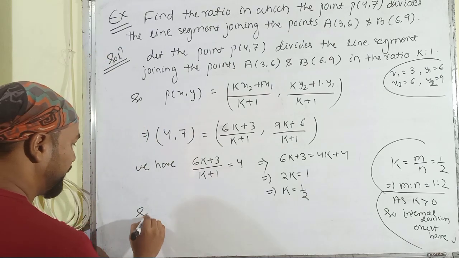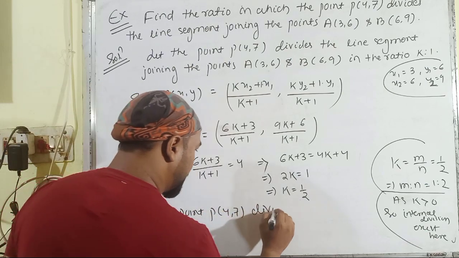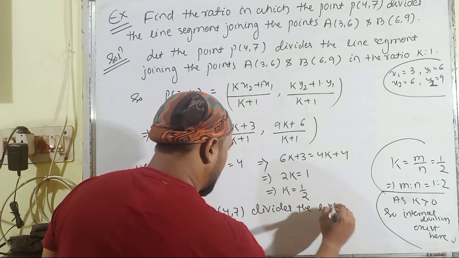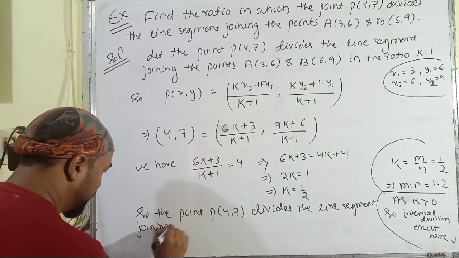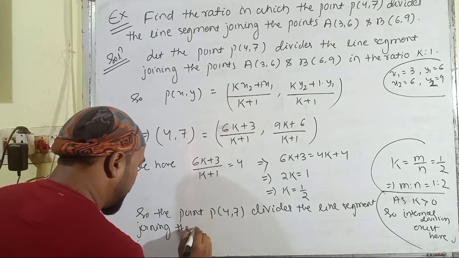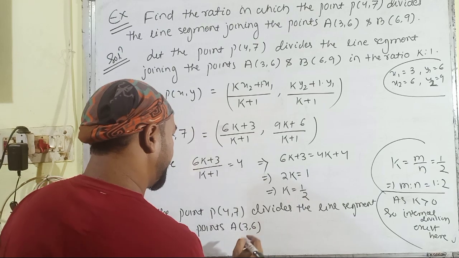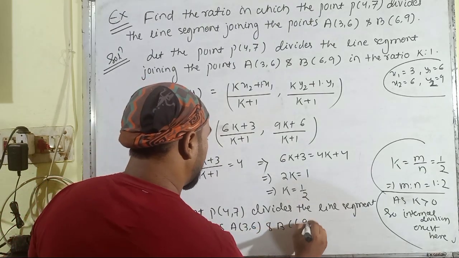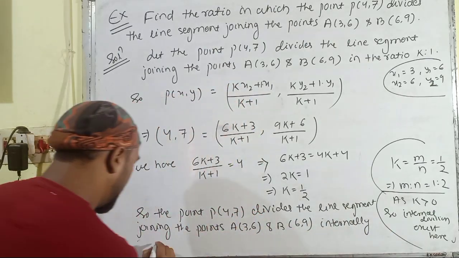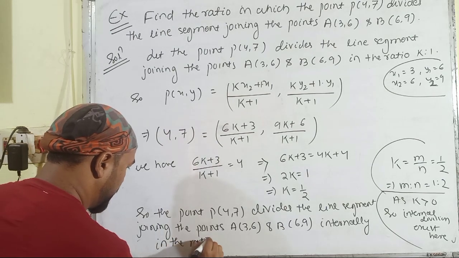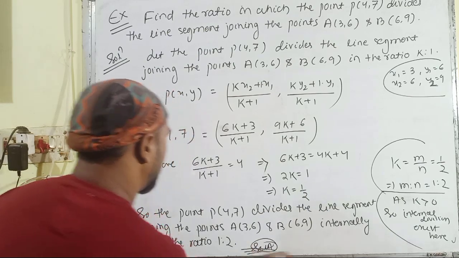So the point P(4, 7) divides the line segment joining the points A(3, 6) and B(6, 9) internally in the ratio 1:2, and here is the solution.